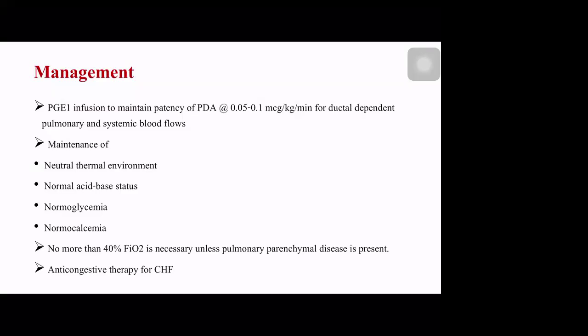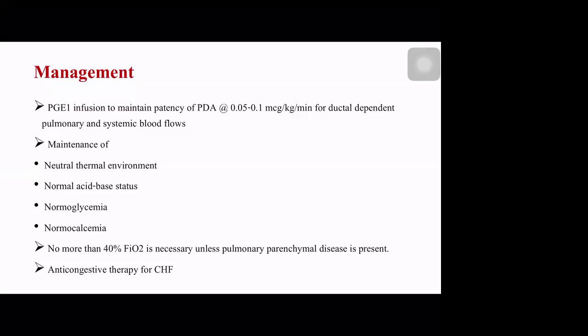So in both these types of patients with tricuspid atresia, when it is ductal dependent circulation, the PDA is to be maintained by prostaglandin infusion in a dose of 0.05 to 0.1 microgram per kg per minute.